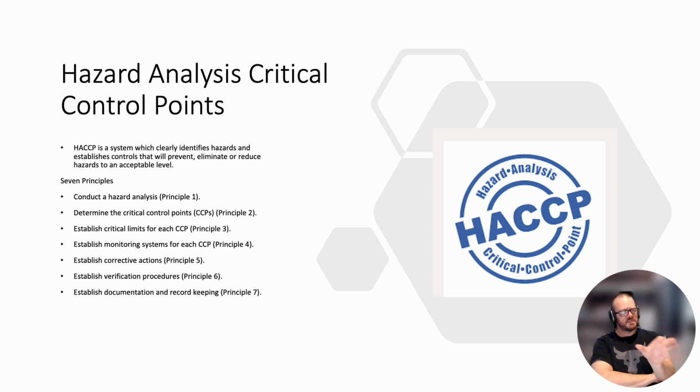Okay, so it's a system which clearly identifies hazards and establishes controls that will prevent, eliminate, or reduce hazards to an acceptable level. So it's going back to that information about the food safety program, and this is a step-by-step process around how we manage hazards and controls. 7 principles there, you can see, of how we set up our HACCP system.